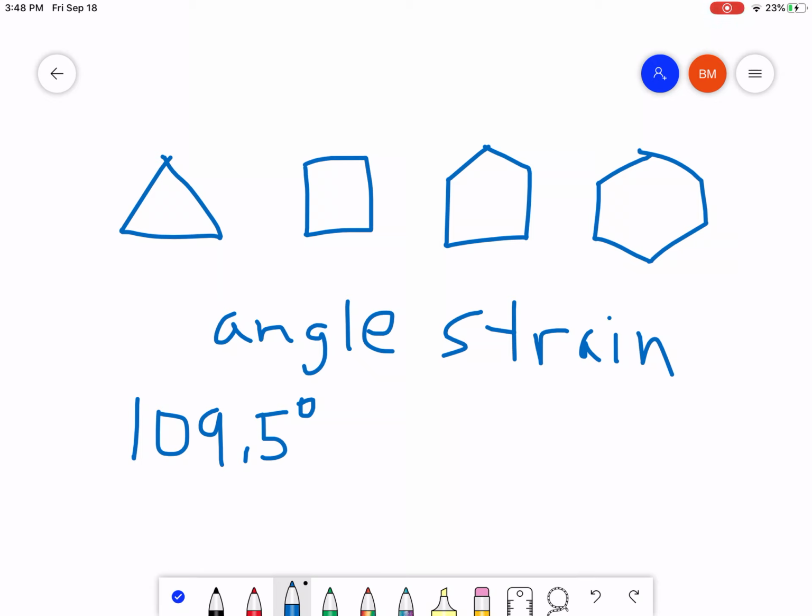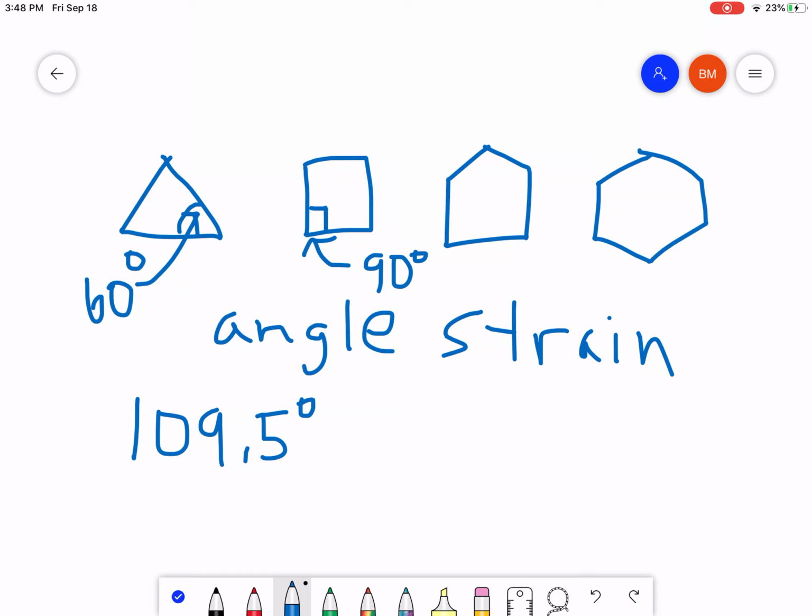If you look at the actual angles represented on some of these, they're pretty far away from 109.5. This angle right over here is probably about 60 degrees. In a square, of course, that angle is going to be 90 degrees.